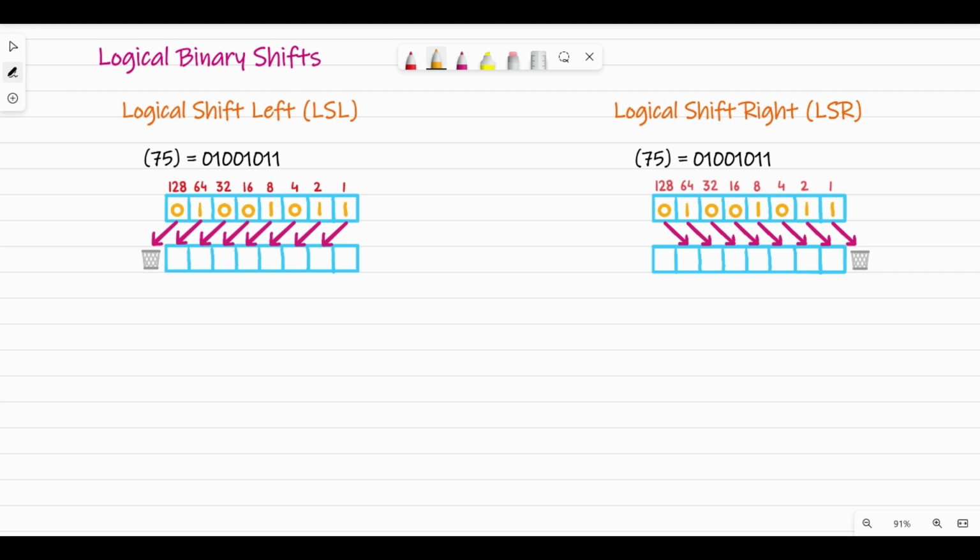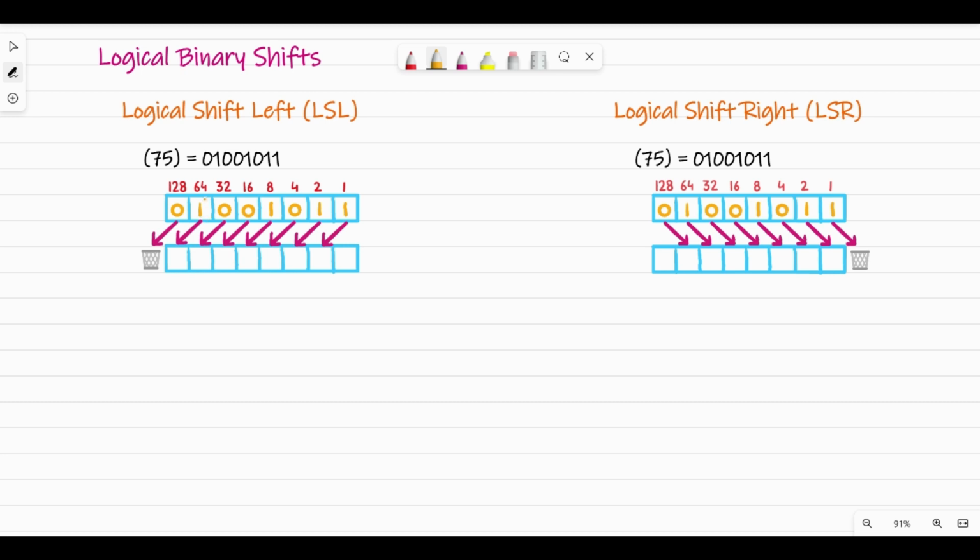When it is shifted to the left, there is no space except to put it in the trash bin. So this bit will be wasted away. For now it is 0, so it won't be meaningful to waste it away, but when it is 1, we might lose some importance. We'll see it in the second shift.